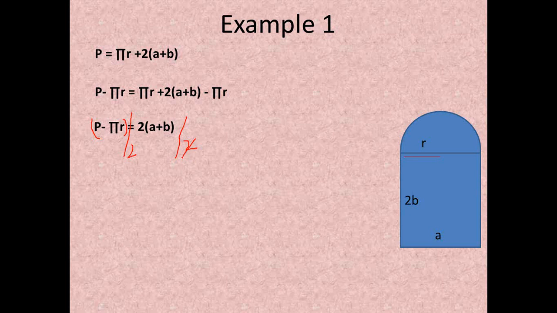So this 2 and this 2 get cancelled, and you get a plus b is equal to p minus pi r upon 2.